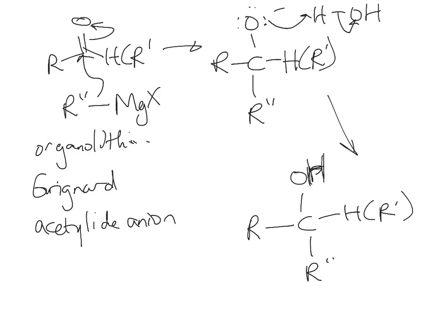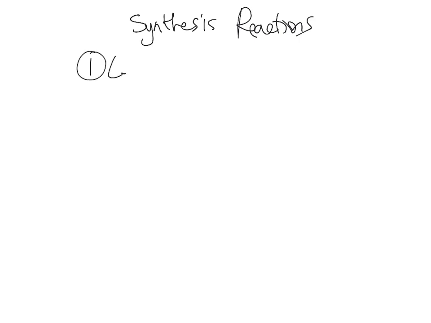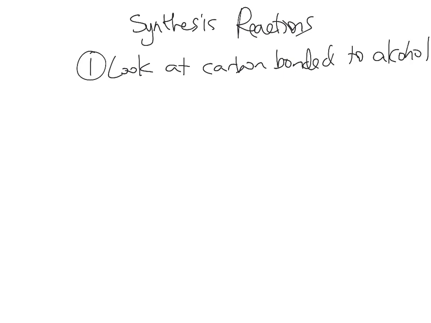So how do we think backwards in our synthesis reactions? If we think backward in synthesis reactions, you want to first look at the carbon bonded to the alcohol. Secondly, you want to have one carbon group bonded to that carbon that came from the nucleophile, and one carbon group came from the initial carbonyl.